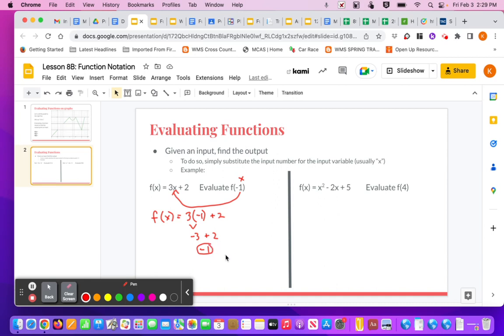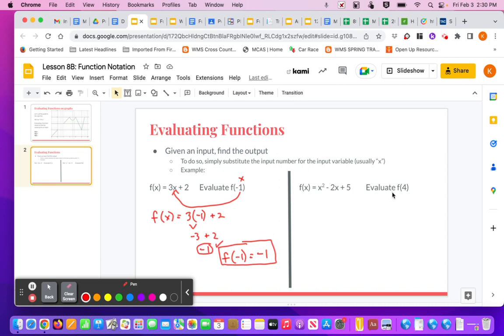So we can say the f of -1 is -1. These will not always match. This is just a coincidence based on the equation that we have here. But you always input the x, evaluate it, and see what it equals.